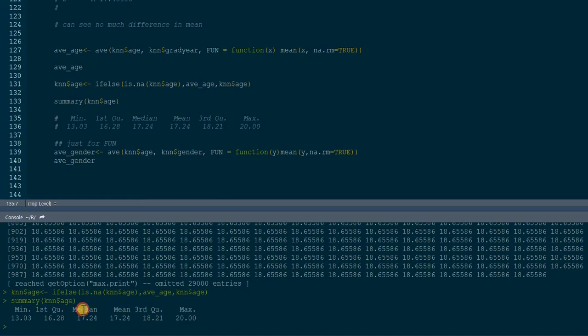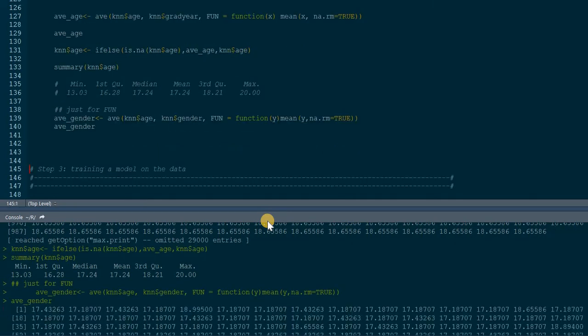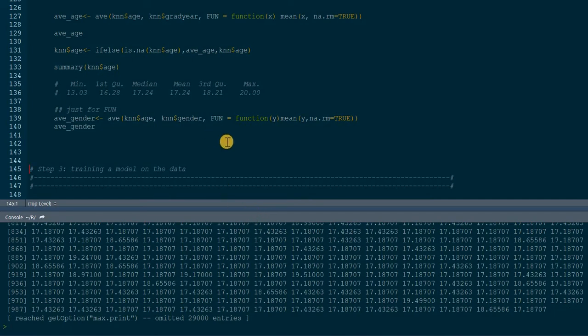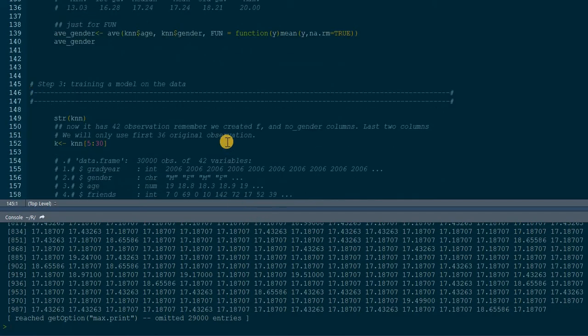So this is how median is calculated. And I'm sure you know first quartile and third quartile and all that. I just want to have fun here. So just for fun, I can calculate the same thing for gender.